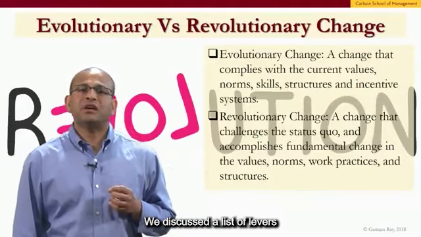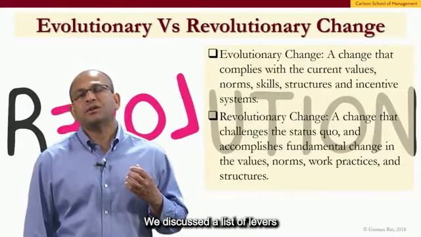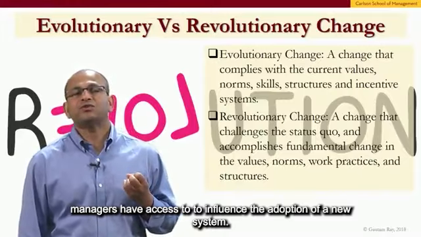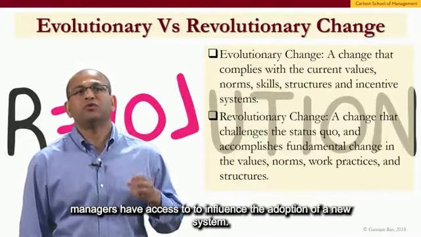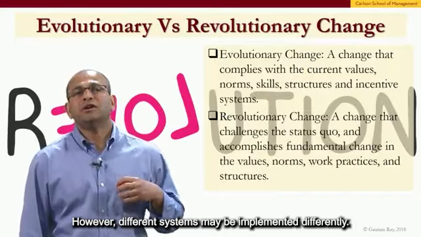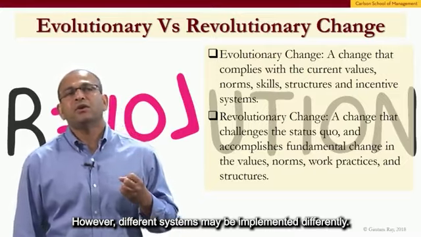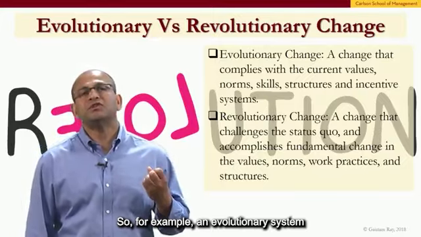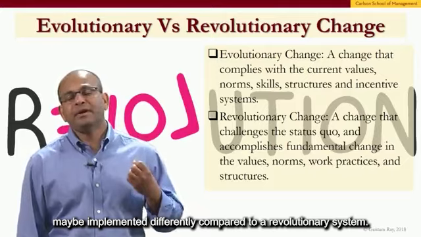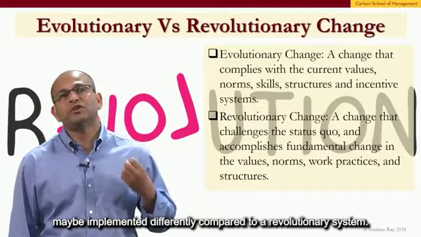We discussed a list of levers managers have access to influence the adoption of a new system. However, different systems may be implemented differently. So for example, an evolutionary system may be implemented differently compared to a revolutionary system.